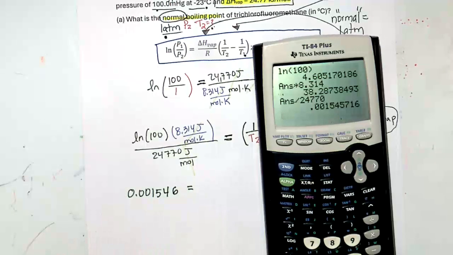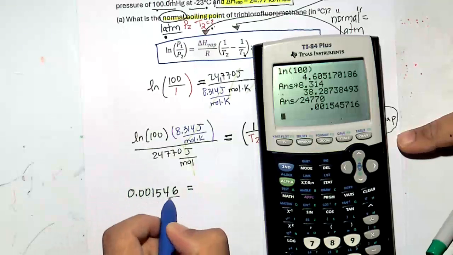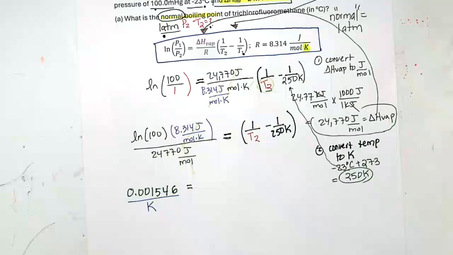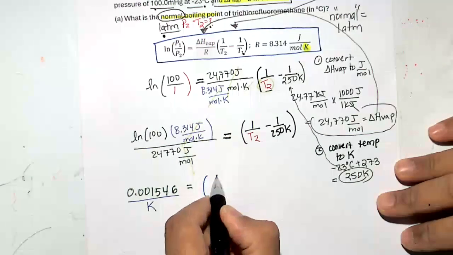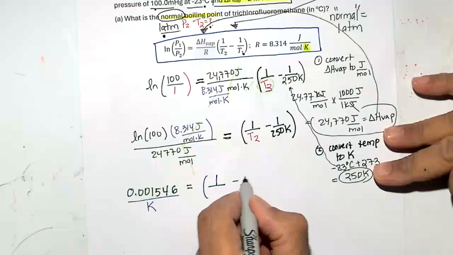Actually, the units are Kelvin. The Kelvin goes down, or you add the units later, which equals 1 over T2 minus 1 over 250.